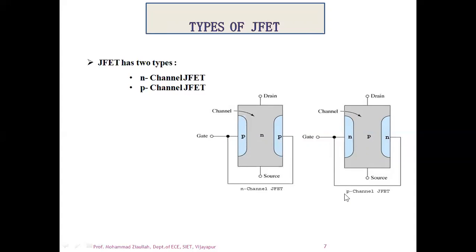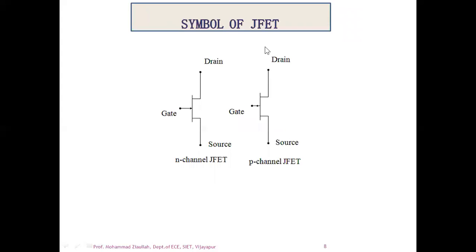Similarly, in a P channel JFET, P-type material is sandwiched between two N-type semiconductor materials, and the gate is applied between the two N-type materials together. The symbol of JFET has gate, drain and source, where for the N-channel FET the arrow mark points inward, and similarly for the P channel, the arrow mark points outward.